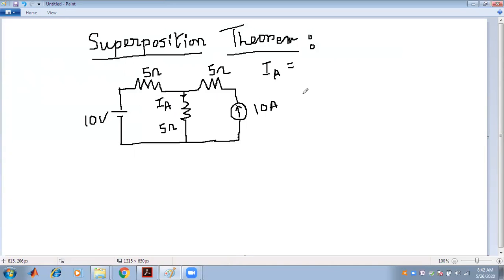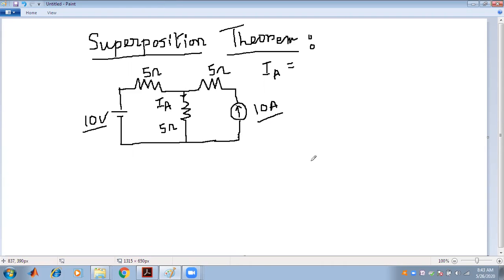The superposition theorem states that we have seen that in this problem there are two sources. One is the 10-volt voltage source, and one is the 10 ampere current source. Only one source will be activated at a time.